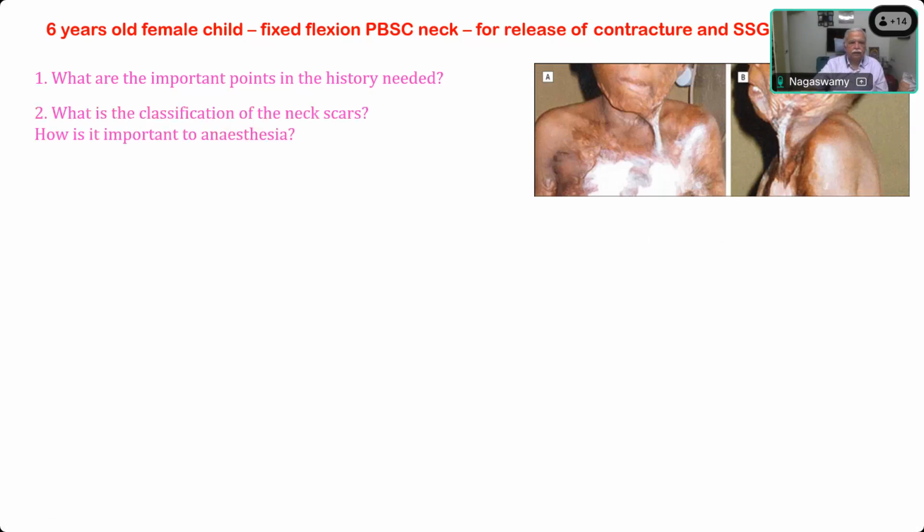What is the classification of the neck scars and how is it important to anesthesia? Sir, it can be classified into 4 types. Mild involves the anterior contracture. Here, the patient is able to flex the neck and bring the jaw and neck to anatomical position.